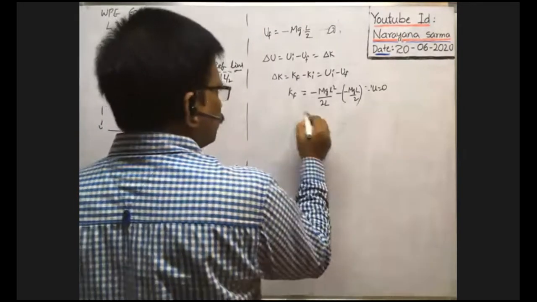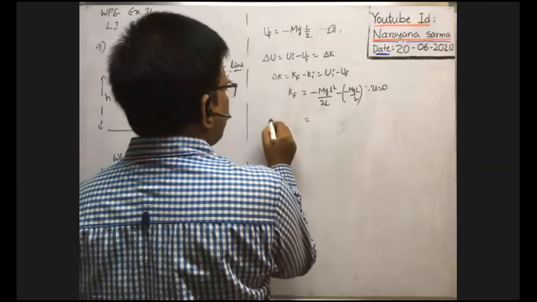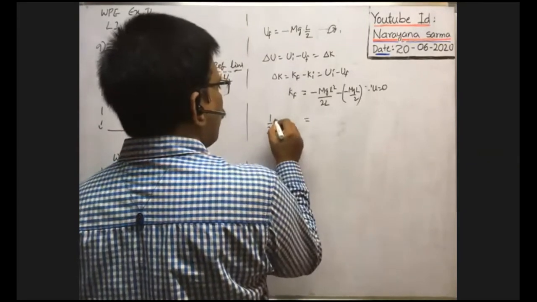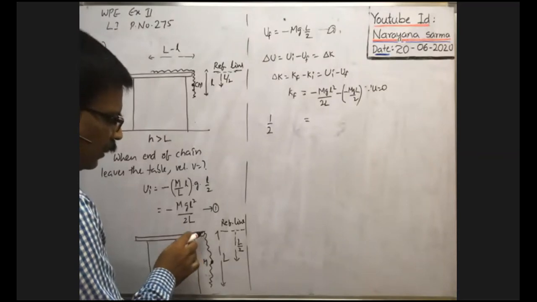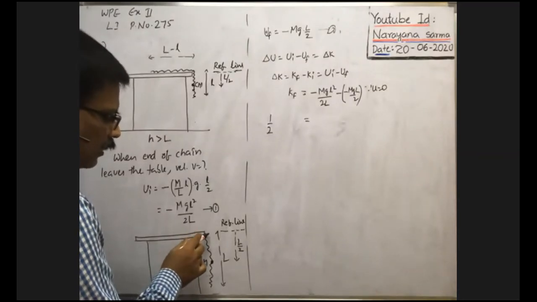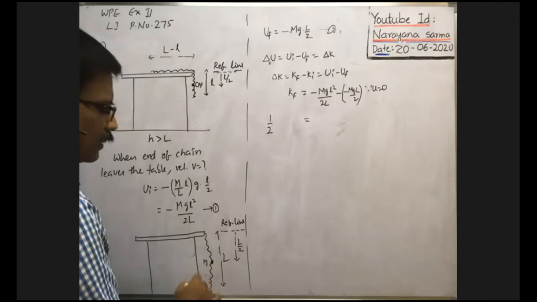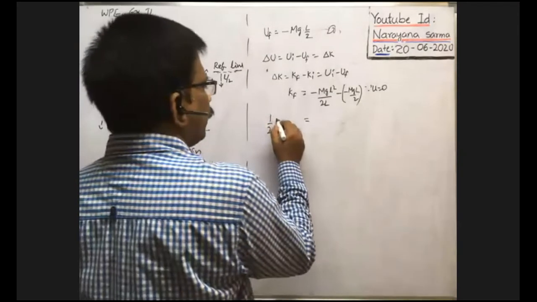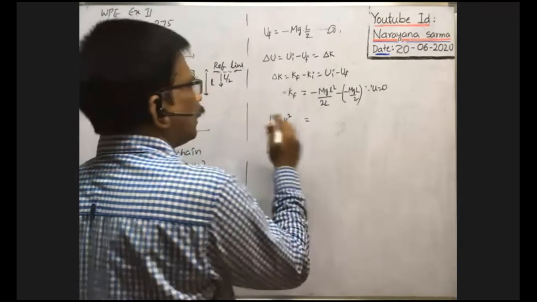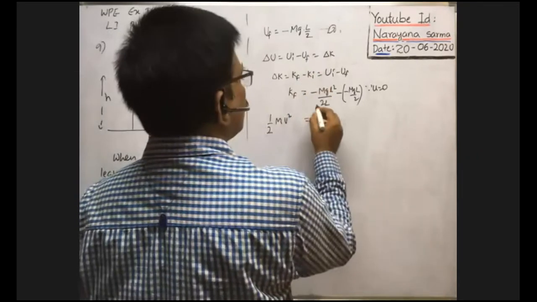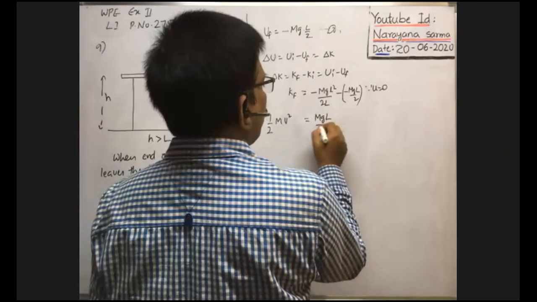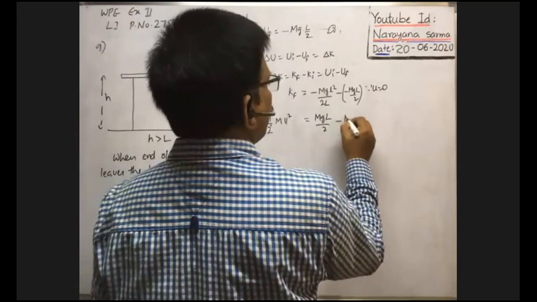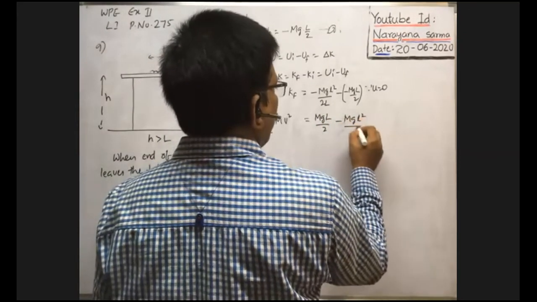This is equal to final kinetic energy of the chain, means half into mass of the chain total. Whenever one end of the chain leaves the edge of the table, at that time what is the velocity of the chain, the entire chain, they asked. That's why mass of the chain m into velocity square. Okay, this is equal to, here is a minus means plus mg L by 2 minus mg L square by 2L.